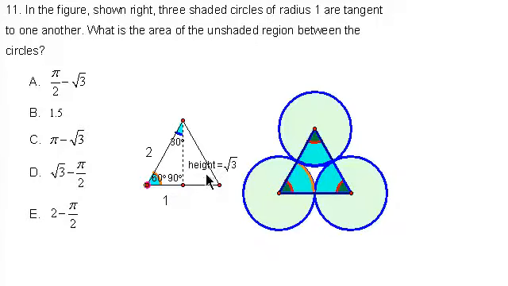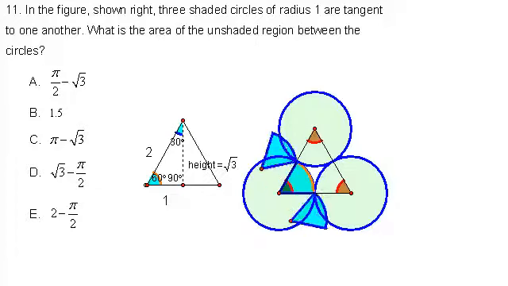So now we know that the area of this triangle is square root 3, and I know that the answer is going to be D, but still I'm trying to figure out how come the area is pi over 2. So watch these three sectors. As I said, I'm going to align them next to each other. When I move these three sectors and place them next to each other, they exactly form a semicircle.